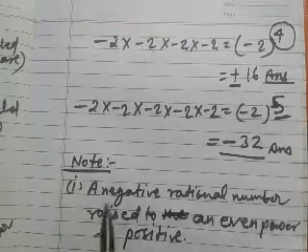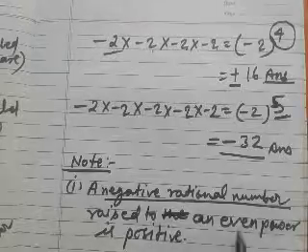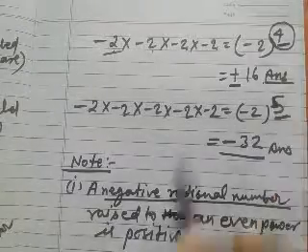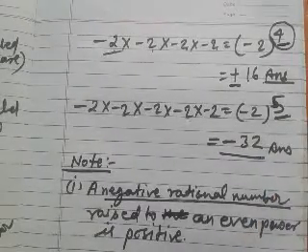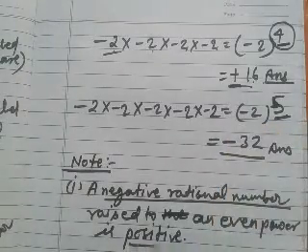It means if a negative rational number is raised to an even power, then we get the result as a positive number.